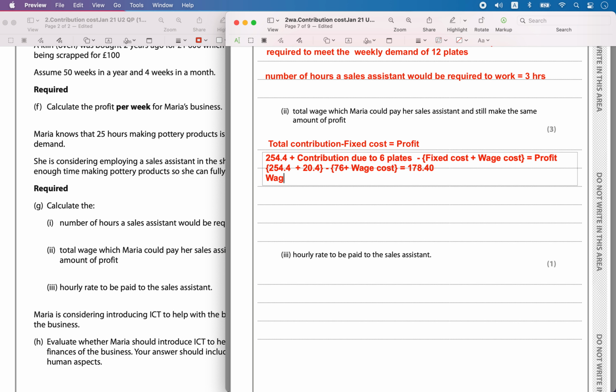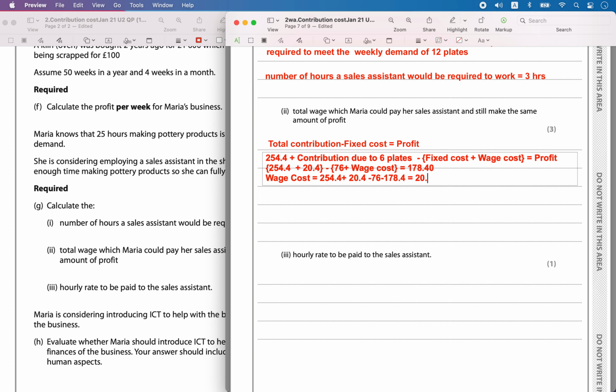So that is going to be equal to, if we rearrange and get the wage cost, 254.4 plus 20.4 minus 76 minus 178.4.